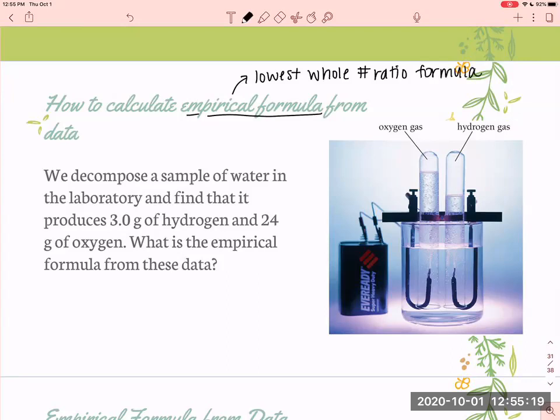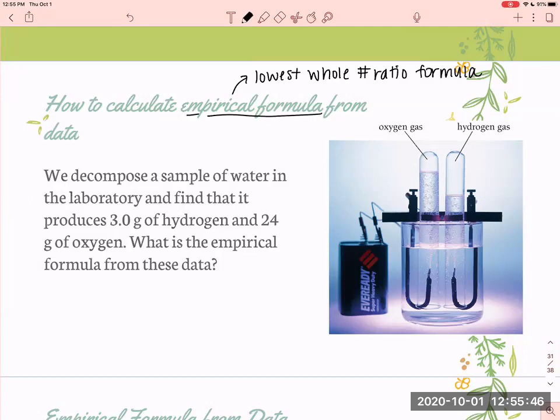I want you to think about what type of compound is always the lowest whole number ratio, and is there a type of compound that might not be? That's the type of compound that maybe is going to be more interesting for us to look at. So an empirical formula is just the lowest whole number ratio formula that you can get of a compound.